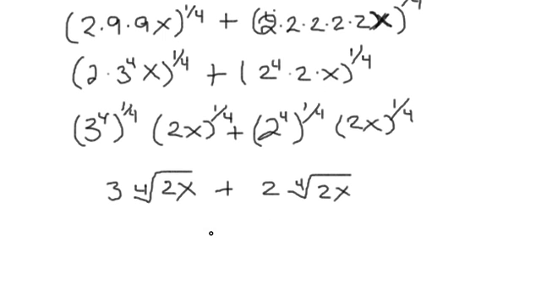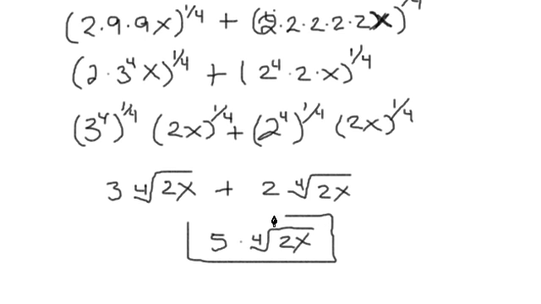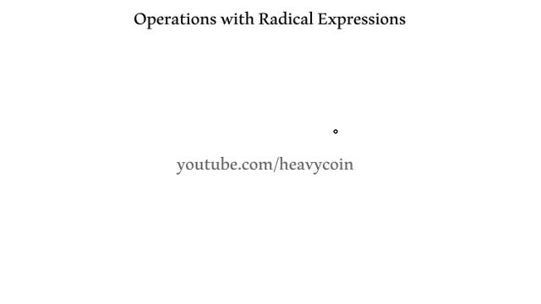And so this becomes 5 times the 4th root of 2x, and that's as far as we can go. So the big part of this is factoring the 162 and the 32. Yeah, that's usually the struggle.